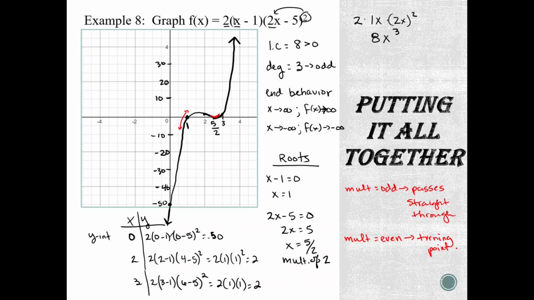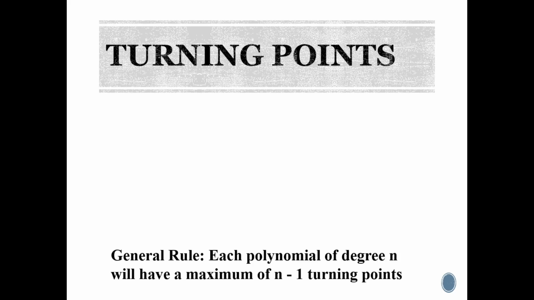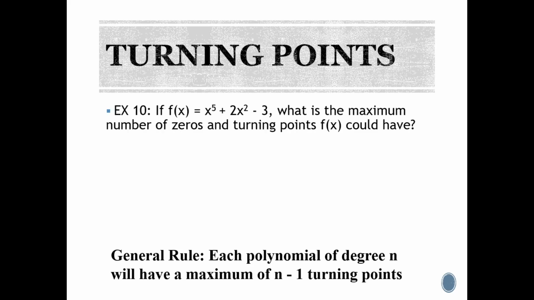So our next question is to figure out, well, how many turning points should a graph have? Okay. So let's see right here. We're going to skip the intermediate value theorem for just a minute. So the general rule is that each polynomial of degree n will have a maximum of n minus 1 turning points. Well, what does that mean? So this function here has a degree of 5.